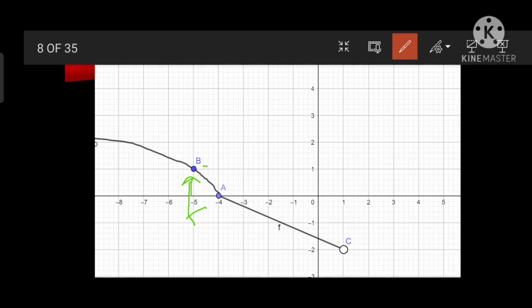From here, we go over to the y-axis, and I land on the value of 1. So our y value, or g of -5, is 1 when x equals -5. Okay?